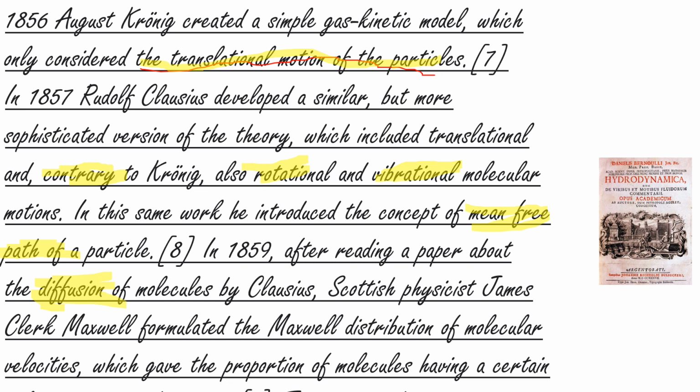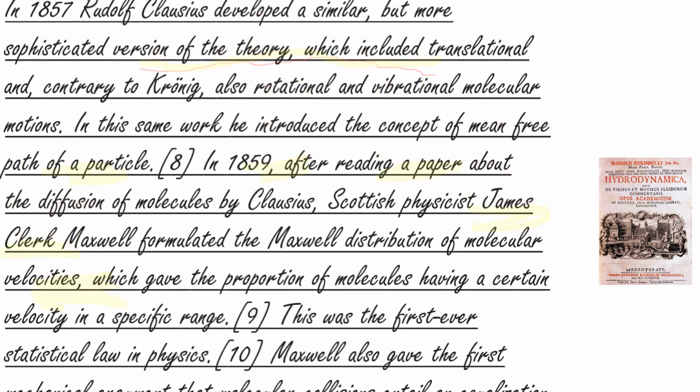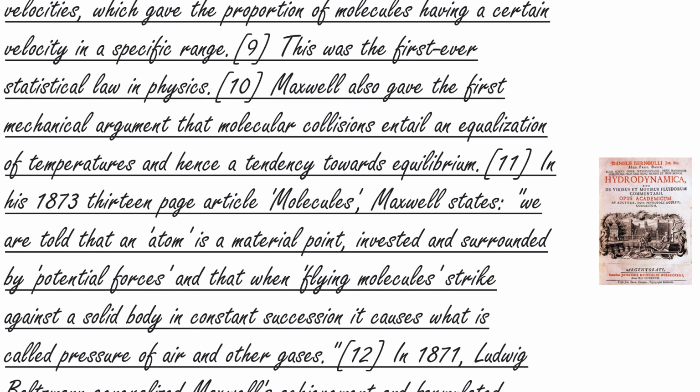As I told you, the kinetic molecular theory was extended by Maxwell. So here is the role of Maxwell. James Clerk Maxwell formulated the Maxwell distribution of molecular velocities, which gave the proportion of molecules having a certain velocity in a specific range.